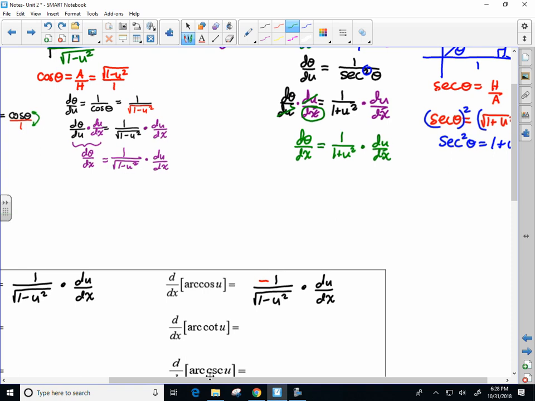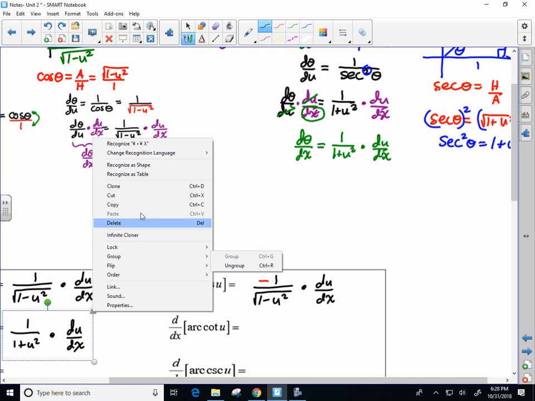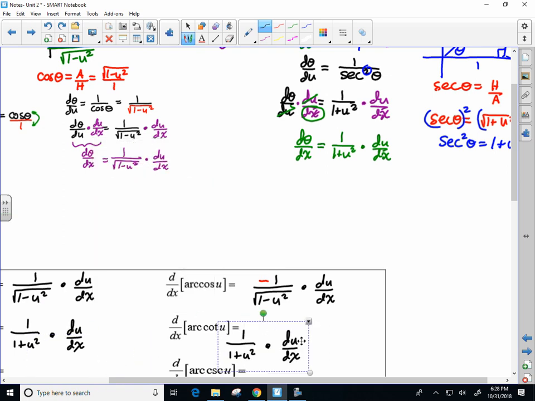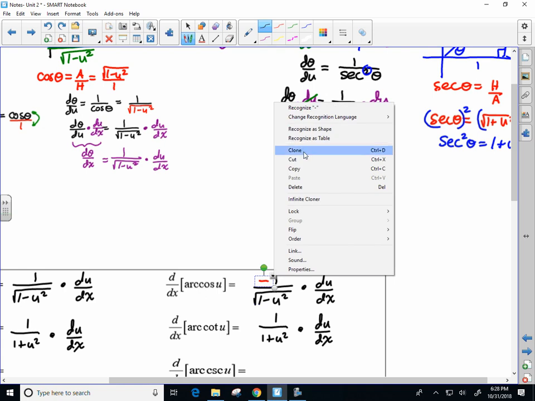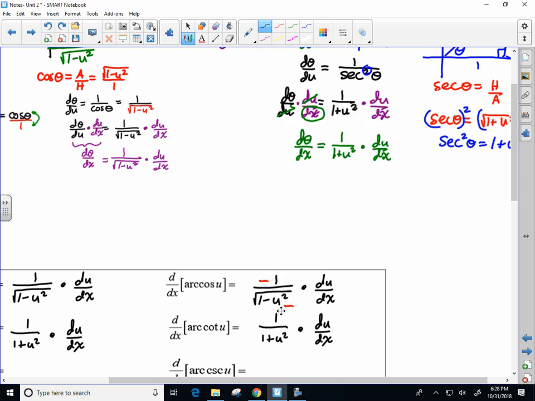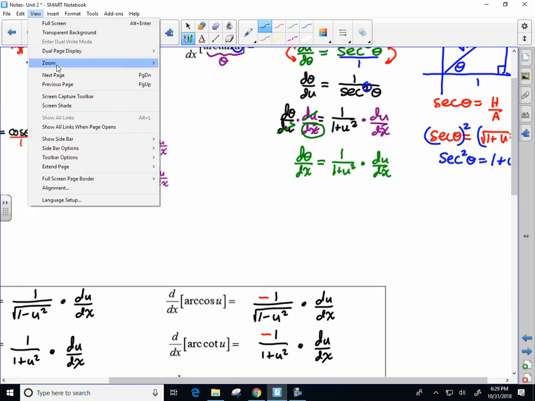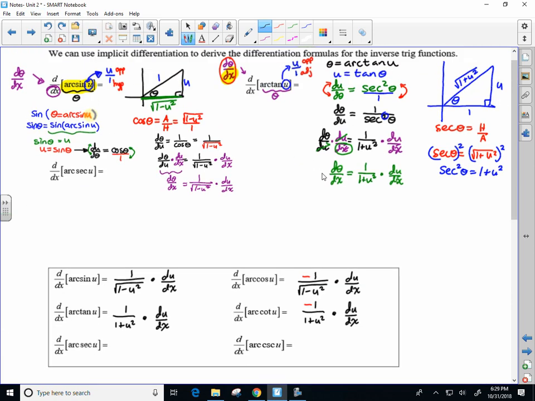Just going to tuck it in here. So the second one down. And the arc cotangent has the same relationship with tangent that arc cosine had with sine. I really shouldn't need to, but I'm just going to add a negative sign anyway.